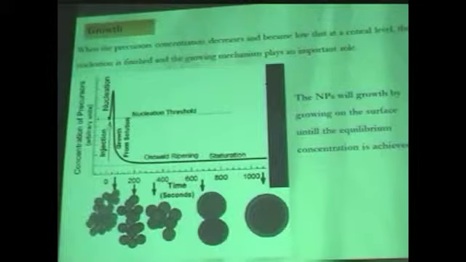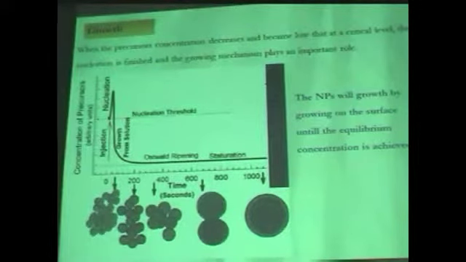So the second growth mechanism, the growth on the surface of the nanoparticles, is operational after nucleation, when the precursor concentration decreases and becomes lower than a certain critical value called the nucleation threshold. Then the nucleation is finished, and the growing mechanism will play a preponderant role.